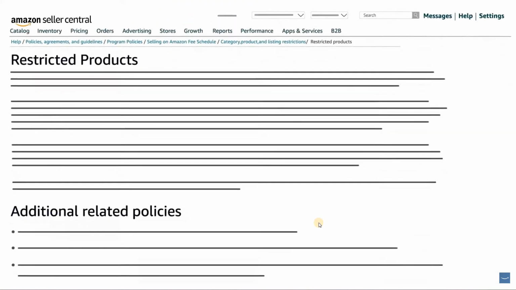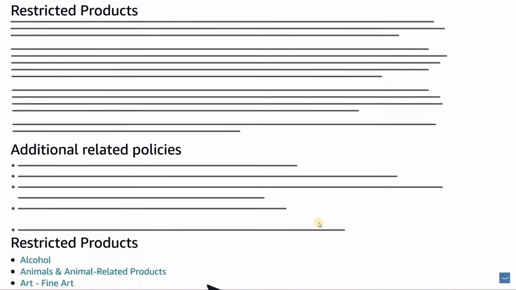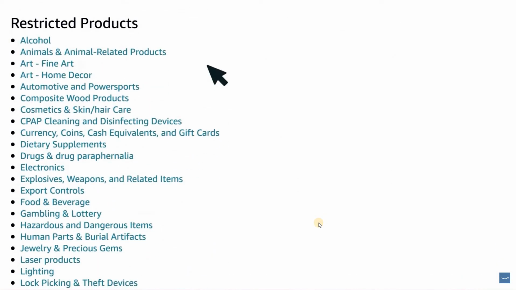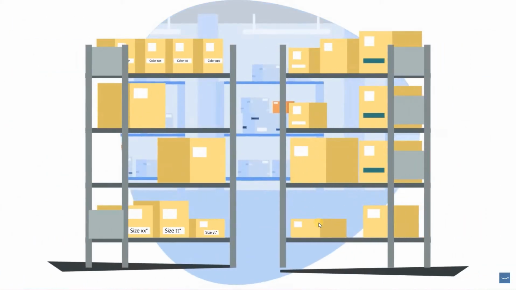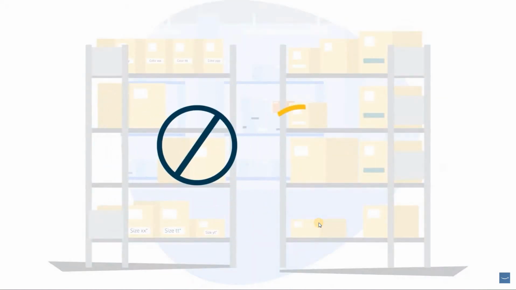Amazon has help pages on a range of restricted products. Refer to the main restricted products help page for links that go into each restricted product category. You can check the category applicable to your listings to understand the policy guidelines and what is restricted and permitted within each listing.